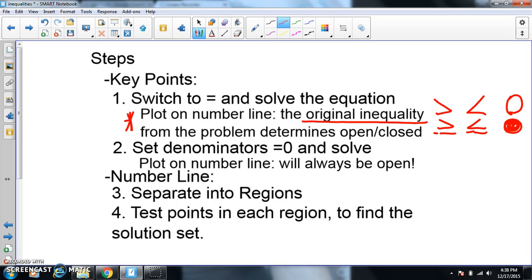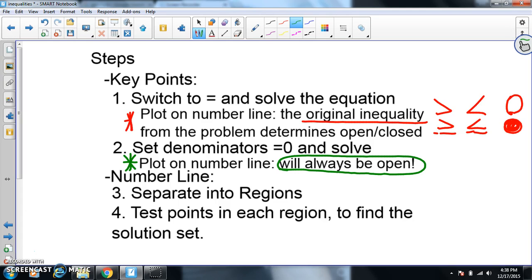So those are also key points. We're going to find those key points and also plot them on the number line. But here they will always be open because we do not want them to be a part of our solution set.